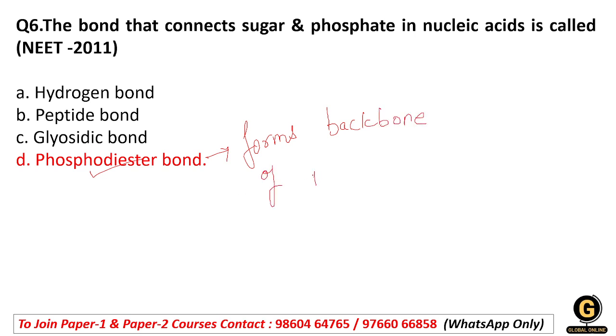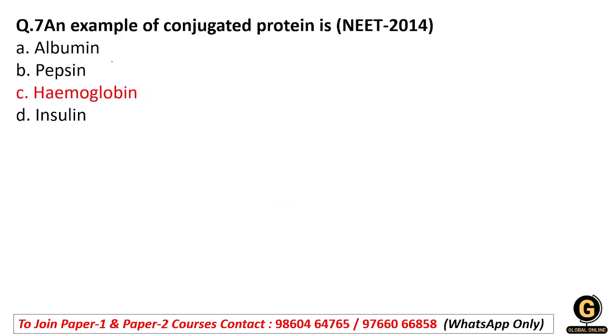Yes, students, because it is a sugar and phosphate bond. So it is called phosphodiester bond, which forms the backbone of DNA and RNA. And this question was asked in NEET 2011. Yes, moving forward to the next question.